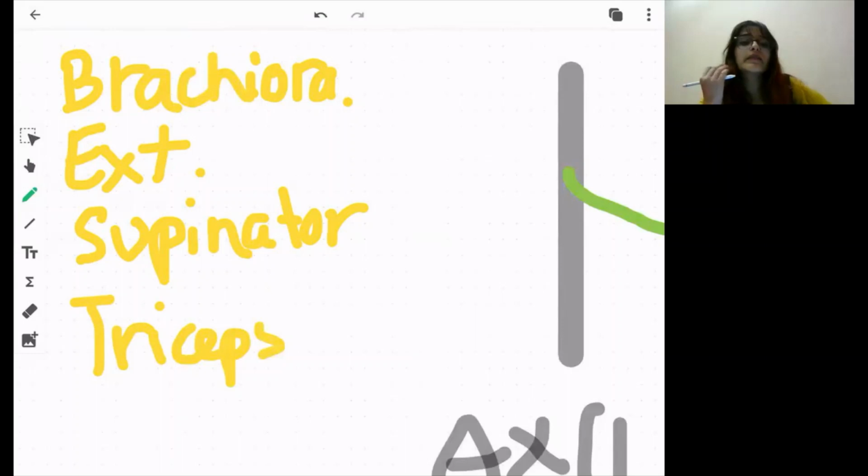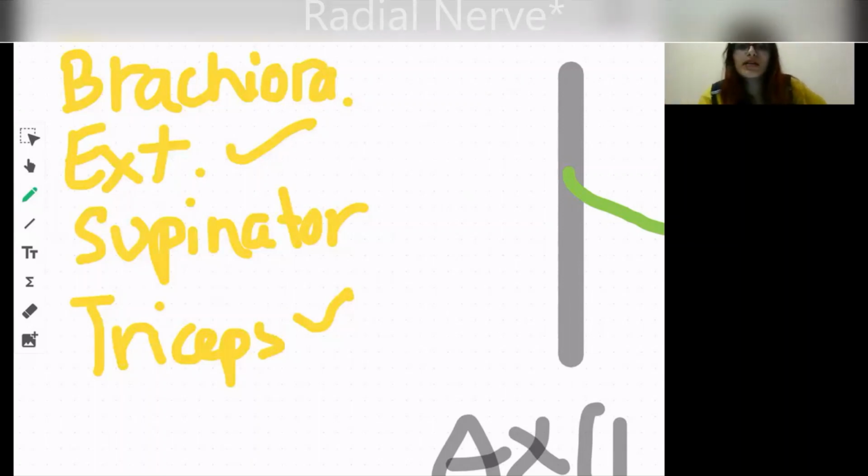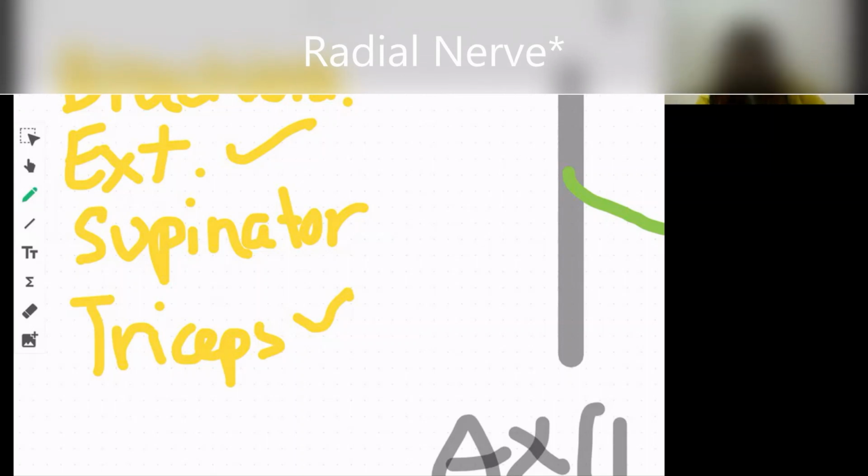So why was it made? Because these are the muscles that you should never forget. The triceps is basically the extensor of the arm, and these are the extensors of the forearm. And the supinator is also for supination.